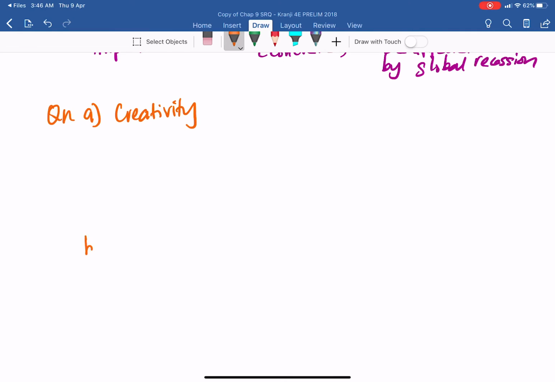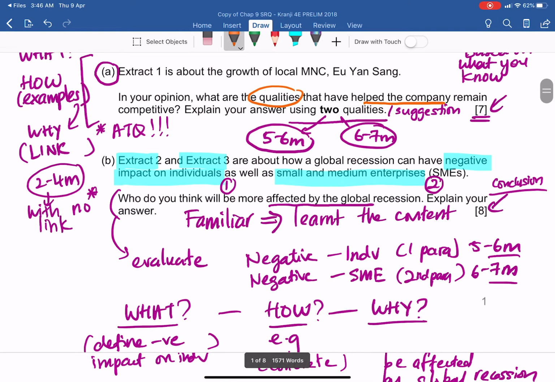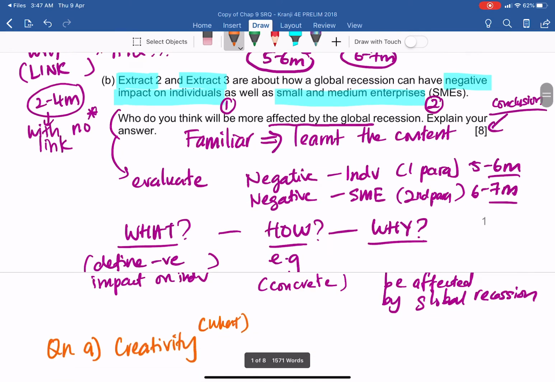And maybe the second quality would be, we can say that they are quite risk-taking. Okay, and so this is the what. Alright, this is the what. Because the question again is asking for, in your opinion, what are the qualities that have helped the company?